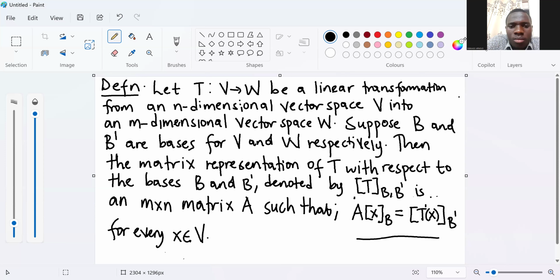So the aim of this session is to determine such a matrix.